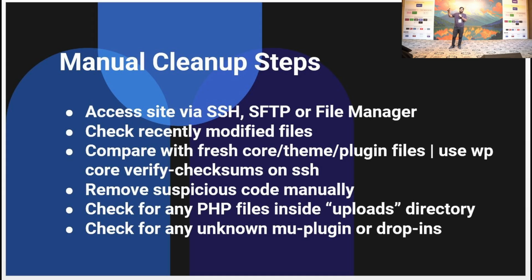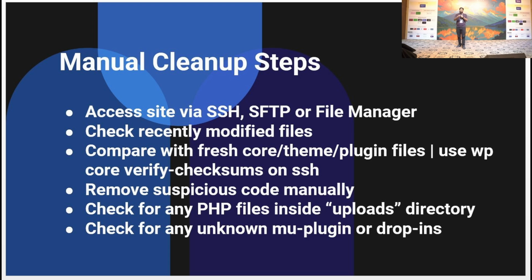If you have anything weird in your WP core, then that might be the malicious files, right? So you can check those and delete or replace those. The next one is to check for any suspicious code manually, which you already did. Check for any of the PHP files.